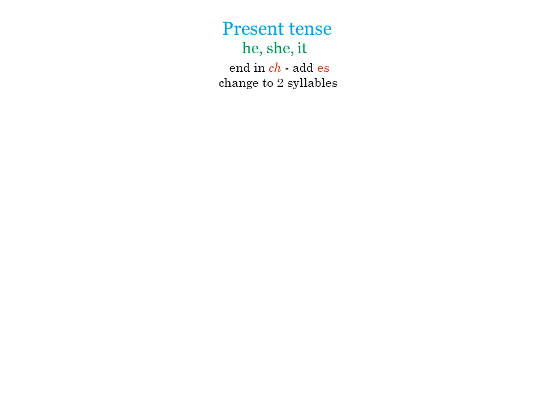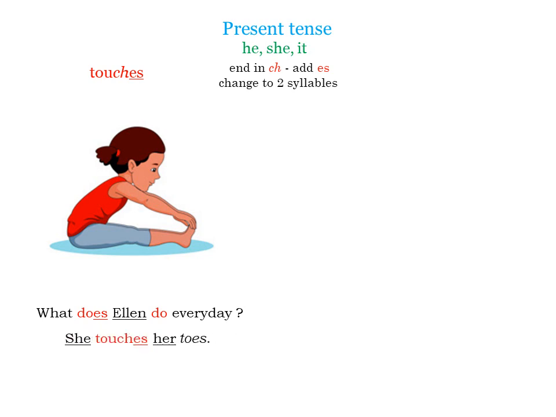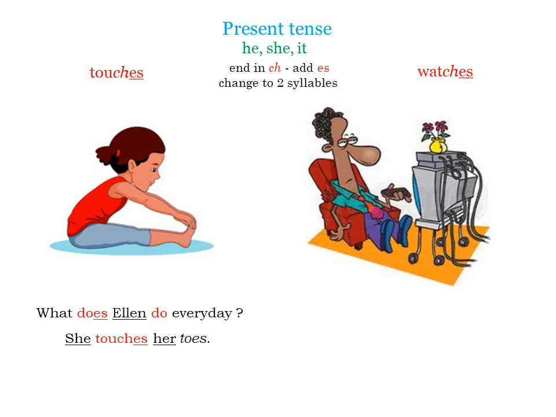For verbs that end in ch, you add es and it changes to two syllables. Touch, touches. What does Ellen do every day? She touches her toes. Watch, watches. Does Marcus watch TV all day?